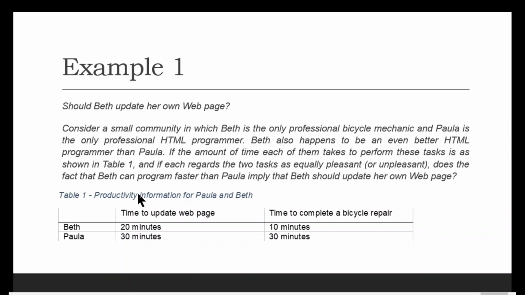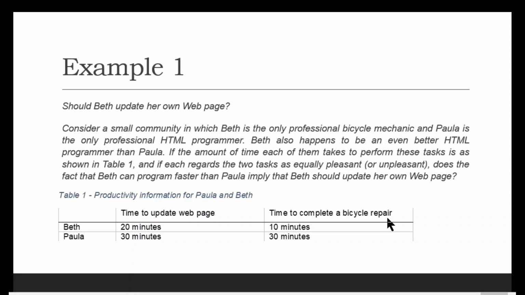You can see here that between Beth and Paula, Beth can do better in updating a web page and also in a bicycle repair. So as you can see, Beth is faster by 10 minutes because Beth can do the job in 20 minutes while Paula can do the job in 30 minutes.